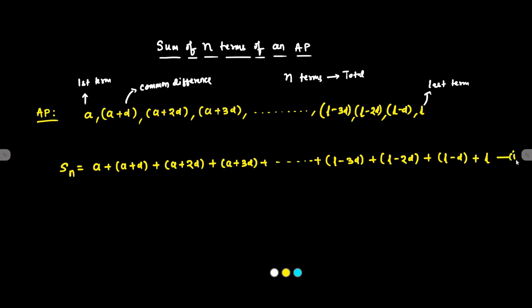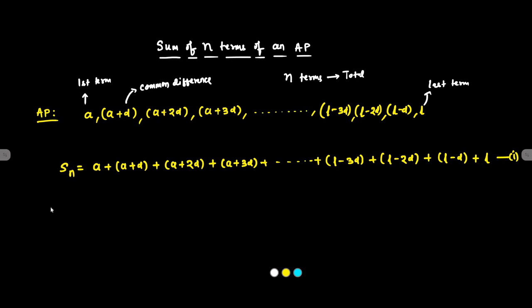Now suppose we write the same sum equation, the sum of n terms, but in the reverse order, starting from the last. We write the same thing but we just reverse it.